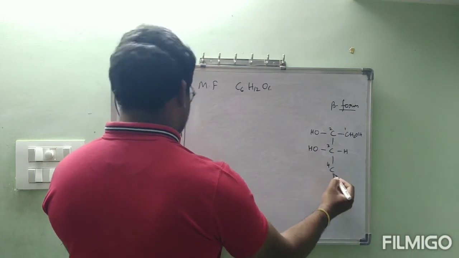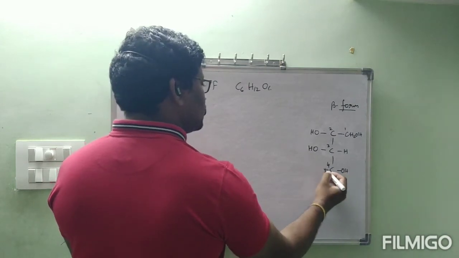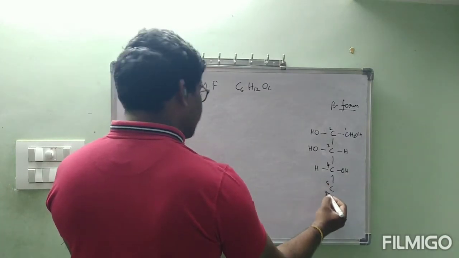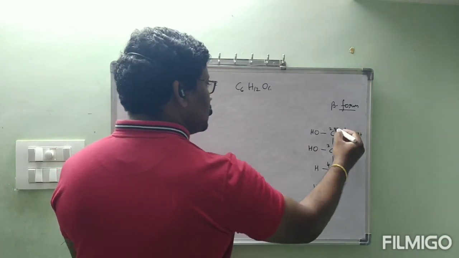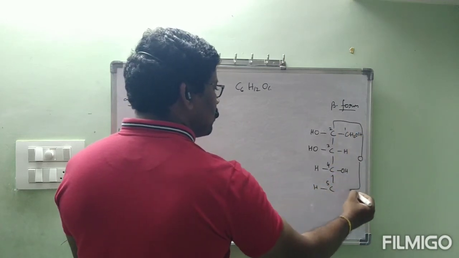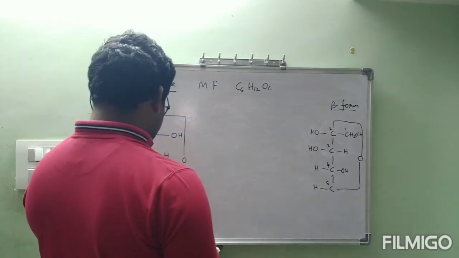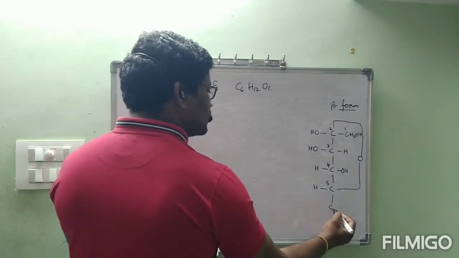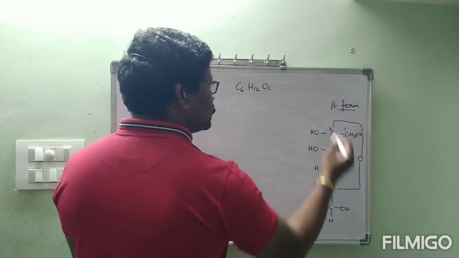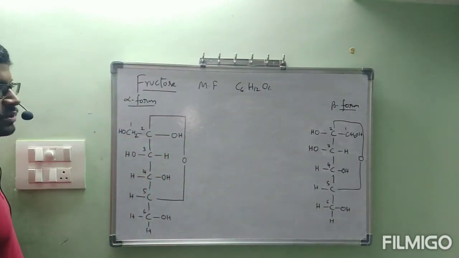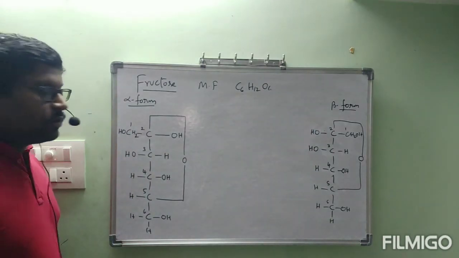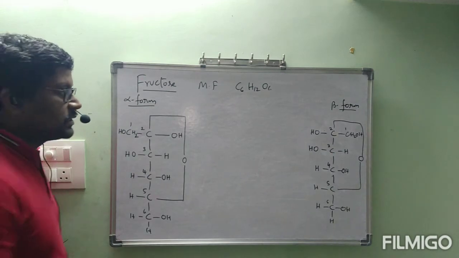Fourth carbon. Right side OH, left side H. Next, fifth carbon H here. Second carbon and fifth carbon are bonded with oxygen, and sixth carbon H, OH. This is beta form of fructose. This is alpha form of fructose. Okay? Now I am going to write Haworth structures.